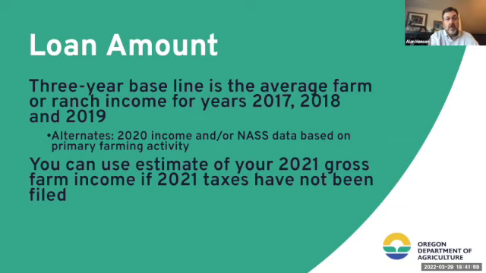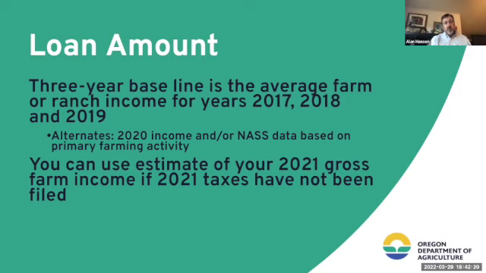Okay, what your 3-year baseline is. From your Schedule F, it's line item 9. That's your total income from the farm. You don't deduct expenses. It's just the amount you received in 2017, 2018, and 2019, and you just take the average of that.